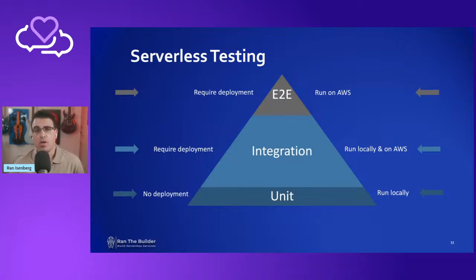Unit tests, usually everybody does. They run locally. You don't require deployment. It runs with mocks. Integration, I run them on the IDE, access AWS resources, and mock whatever I want to fail to simulate failures for testing. And end-to-end just basically mimics the customer API calls and runs everything on the cloud.